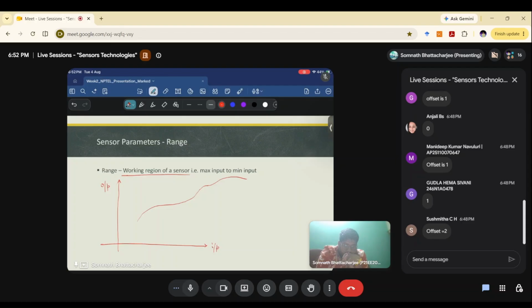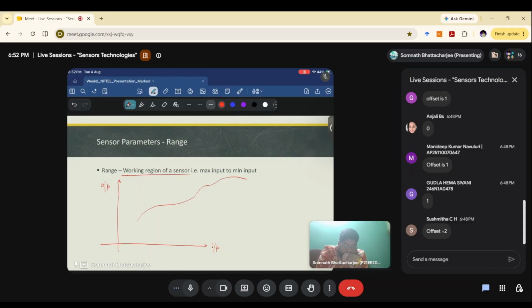Let's say we have a characteristic curve like this. This can be one, and this can be one. So obviously from this you can directly say that the blue one is a linear one and the red one is a non-linear one.